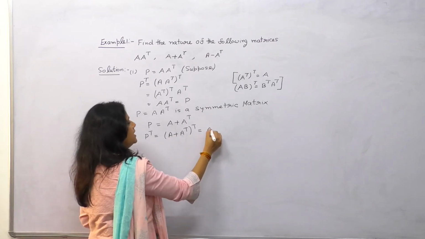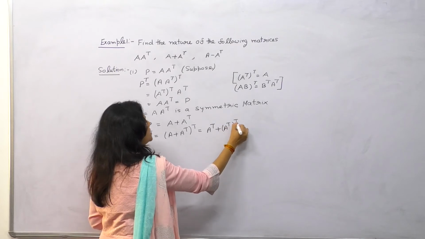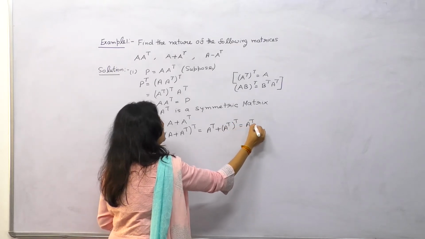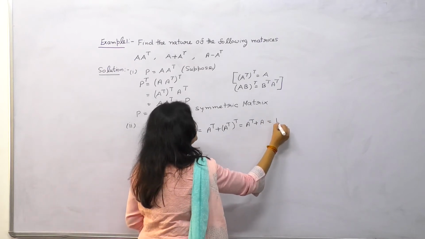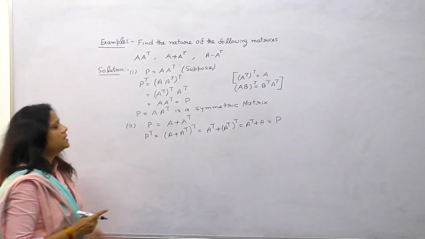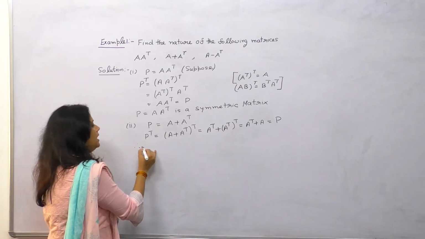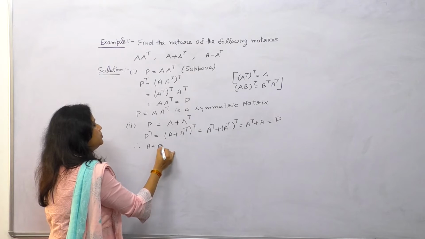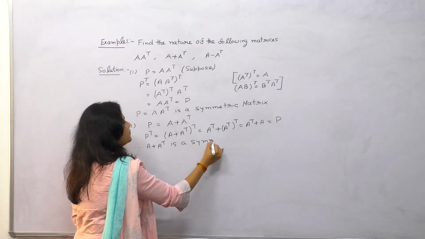This can be written as A transpose plus A transpose of transpose, that is A transpose plus A by the property, and this is P. So again this fulfills the symmetric matrix definition. That means A plus A transpose is a symmetric matrix.